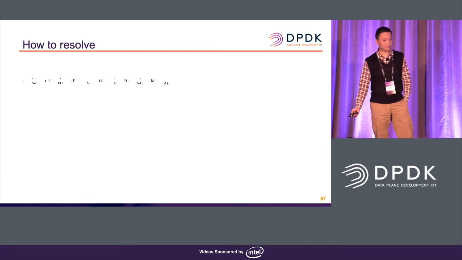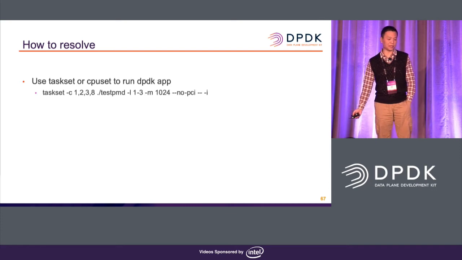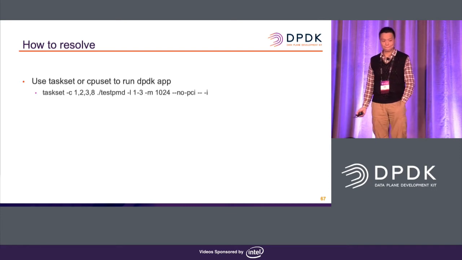How to resolve this? Just as the community suggests, we can use taskset or cpuset to run the DPDK app, just like this.